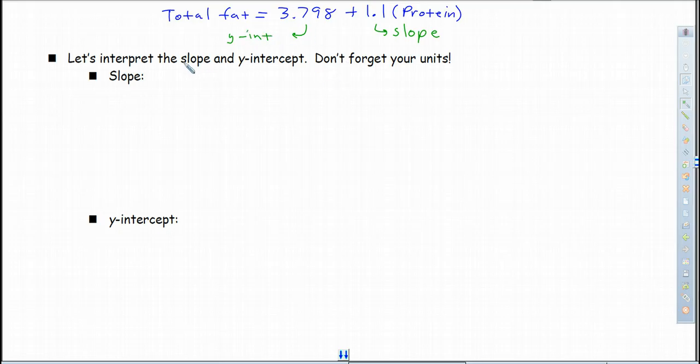And before we jump further into here, I want to write a couple coordinates. What does x represent? Remember, read it off your graph. The x-axis is labeled, it says protein, so I'm going to say grams of protein.